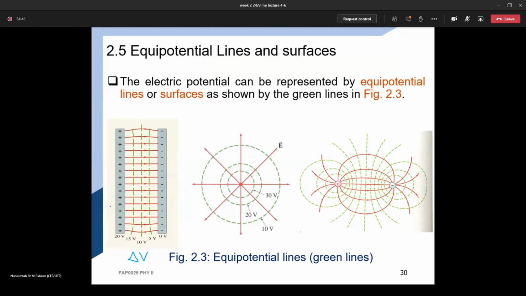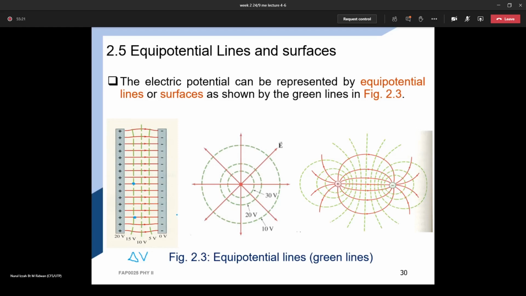If the charge is moving from position A towards position B, at this point the line has 15 volts. Even if it is moving along the line upward or downward, it is still on the same line where the voltage is 15. So you won't have any potential difference. In that case, the potential difference here is 0.